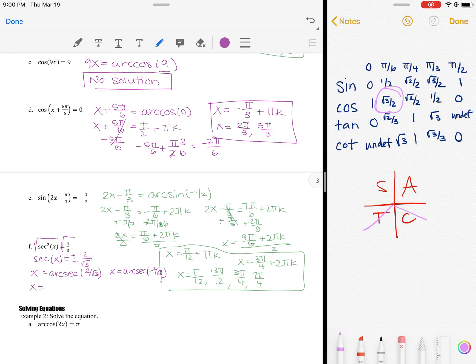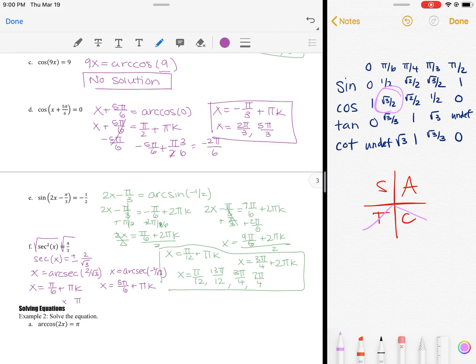So x equals positive pi 6, and it can repeat every pi, so pi k. Or over here, it could be negative pi 6 to be in the fourth and second quadrant. Or you could call that 5 pi 6 plus pi k. And that will get us to all four quadrants.